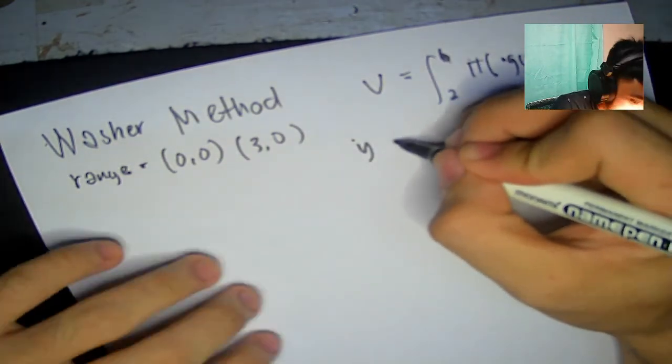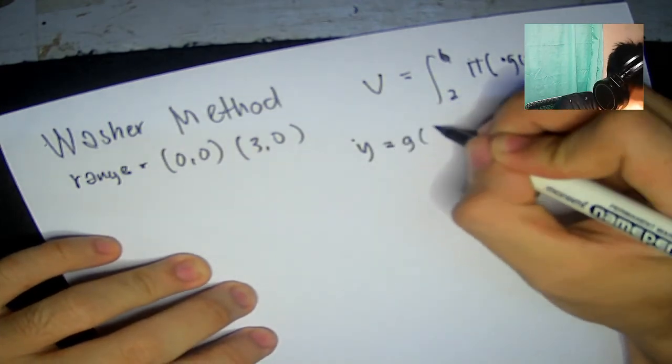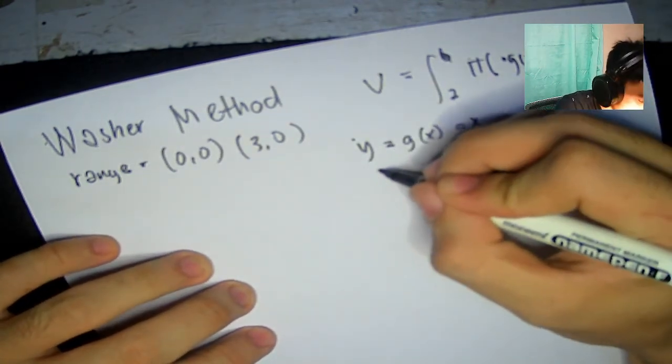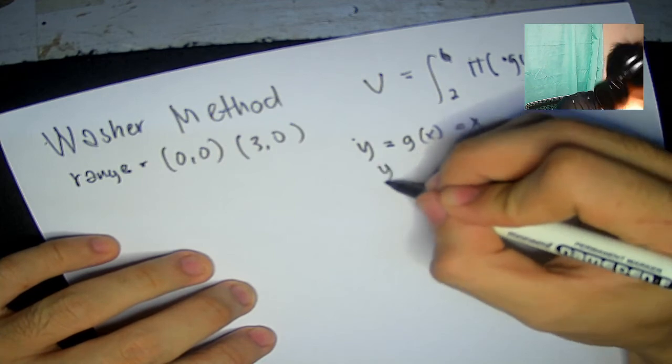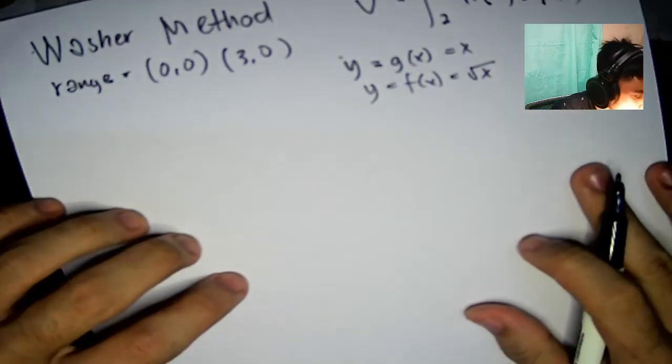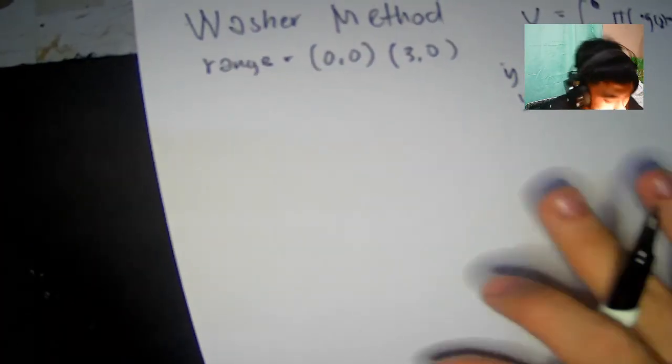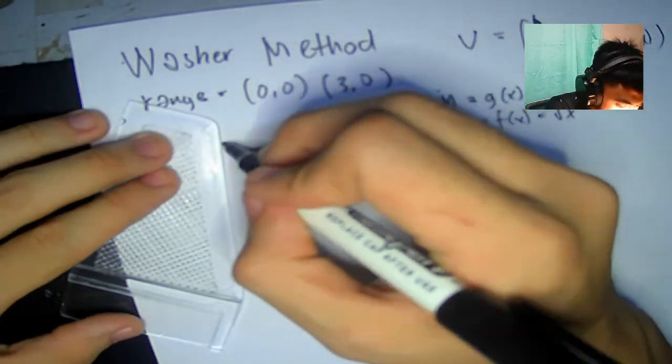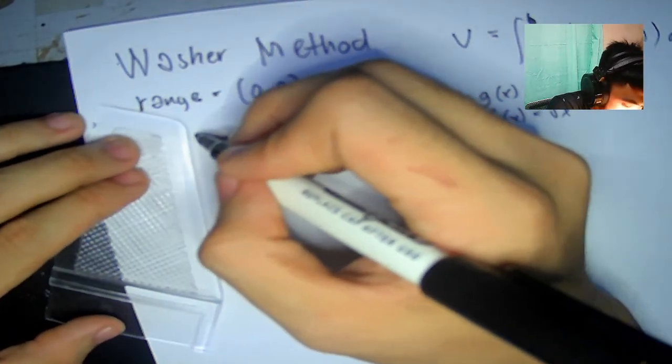So y equals g of x equals x. So y equals f of x equals square root of x. So let's draw the function plane.